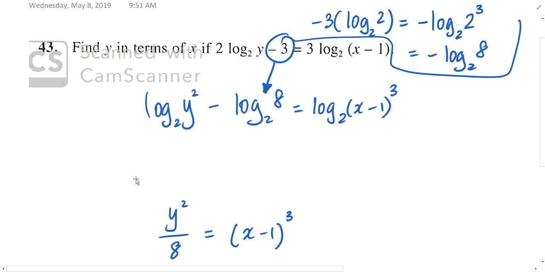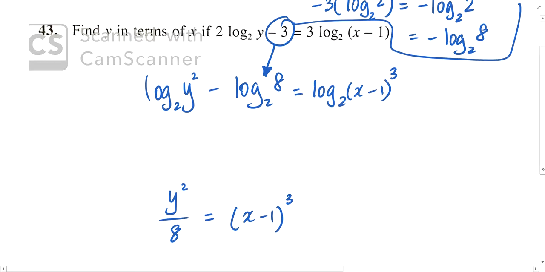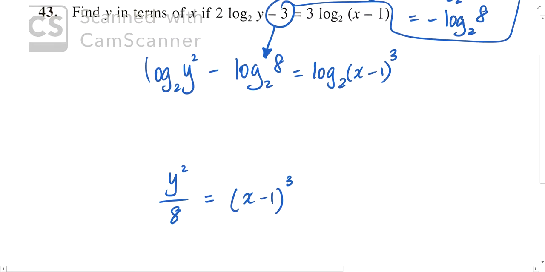So what was the step that he skipped? Fario, what was the step that he skipped? Subtraction. Okay, good. He skipped this part. How do we simplify this part?